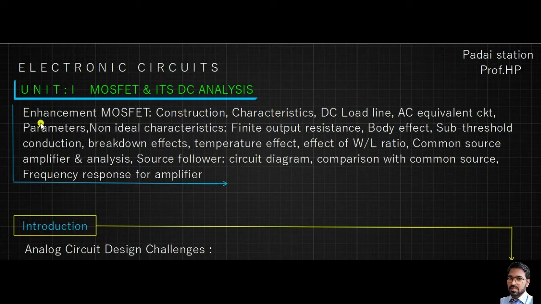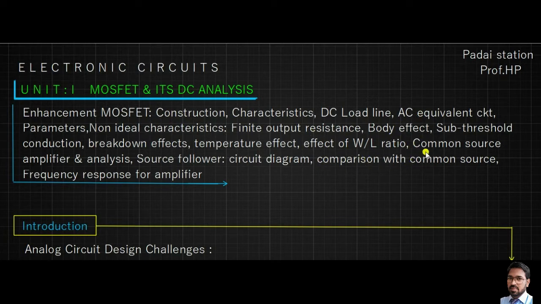In the first chapter, we have the enhancement MOSFET. We are focusing on the enhancement MOSFET and we are not going to study the depletion MOSFET. Its construction, characteristics, DC load line, and AC equivalent circuit are all basic parameters.